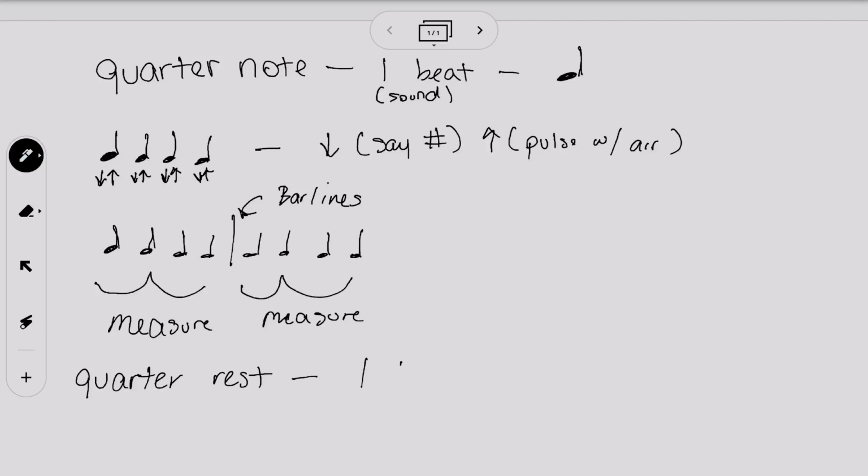A quarter rest is still worth 1 beat, but instead of 1 beat of sound, it's 1 beat of silence. The quarter rest looks like this. Whenever we write our quarter note, we want to draw a big number. Whenever we draw our beat of rest, we are going to draw a small number with a slash.